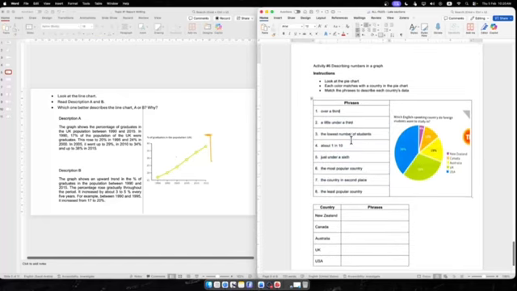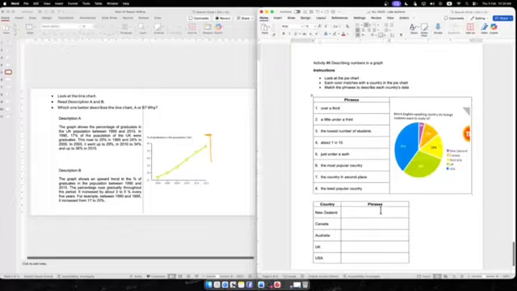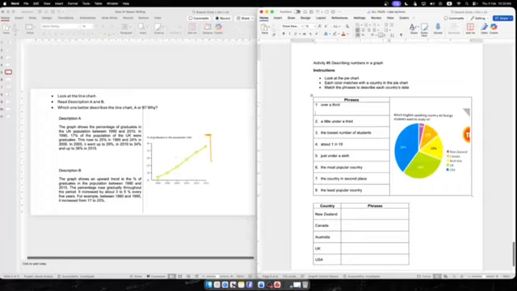Okay. Now, let's take a look at "over a third". So what does that mean? If we have 100%, a third of that is 33.3%, right? So in the graph here, if I ask you, what is over 33%? It's the US, right?